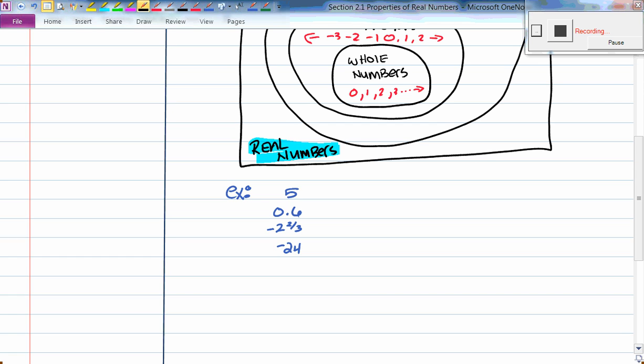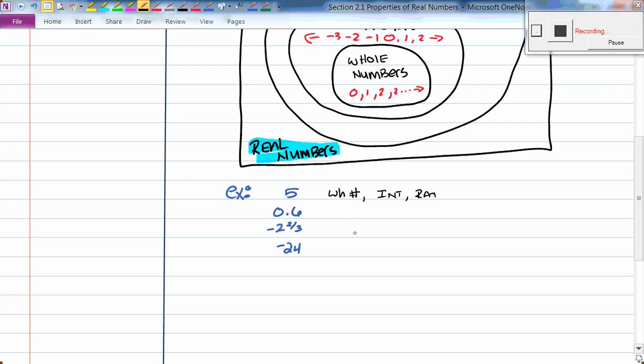Okay, the number 5, is it a whole number? Yes, so I'm going to put a whole number. Is the number 5 an integer? Yep, so I'm going to put INT for integer. And is the number a rational number? Number 5. Can you write it as a fraction? 5 divided by 1? Yes, so rational. Look at the chart, right?